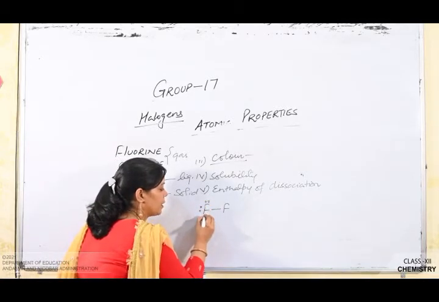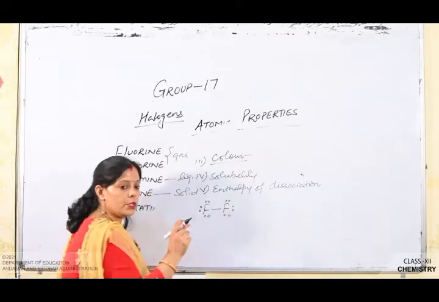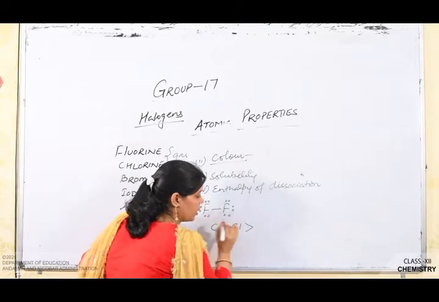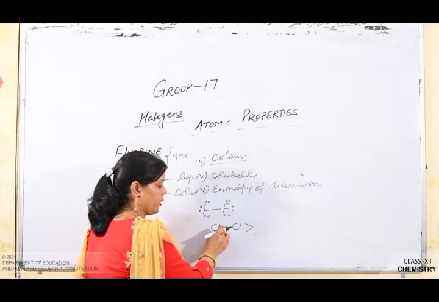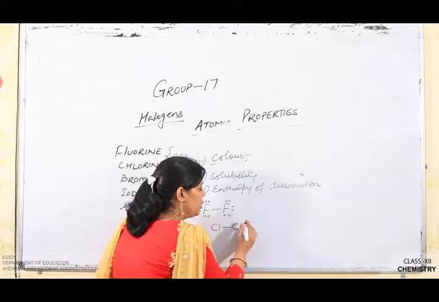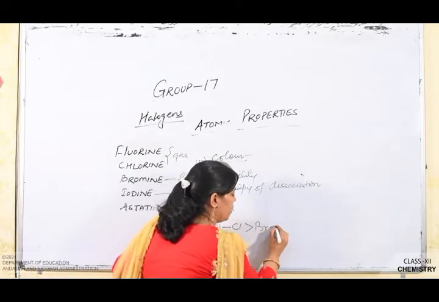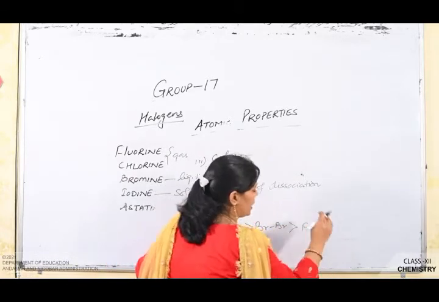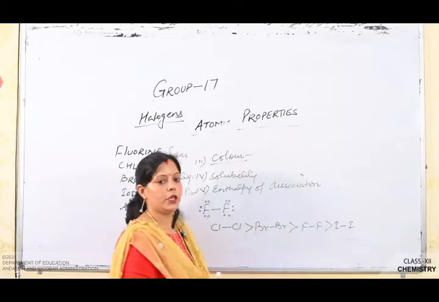So due to this the structure is very unstable, and that's why the bond dissociation enthalpy decreases in the order: chlorine, due to its size and bond length, has a very strong bond as compared to fluorine. So the bond dissociation enthalpy of chlorine is more than bromine, and after that is fluorine, and due to the weaker bond strength of iodine, it has very low bond dissociation enthalpy.